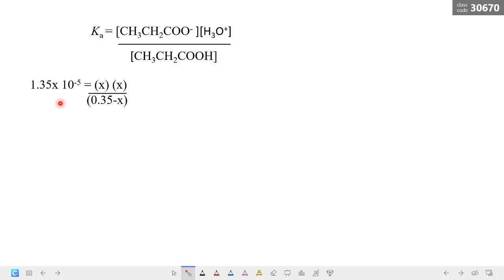Since the weak acid dissociates very slightly, untuk memudahkan kita membuat pengiraan, kita dibenarkan buat assumption, di mana X yang tercerai ini adalah terlalu sedikit. So, write: assume X at the bottom is very small, so 0.35 minus X is approximately 0.35.